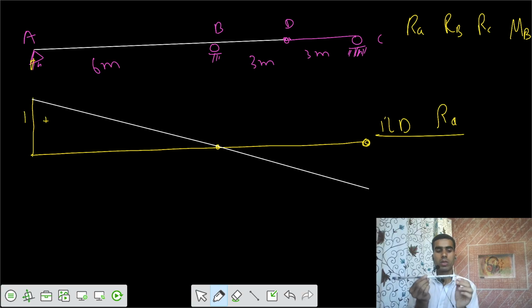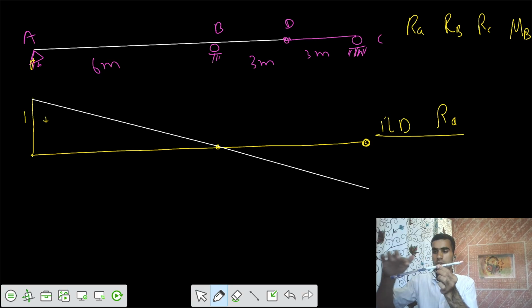So you have the support. You do one thing. This is support B, this is support A. You apply unit rotation at this point A. So the profile format would have been the ILD, but once it goes in this fashion, okay, support B we kept intact, and we have to ensure that this support is also intact at the location.